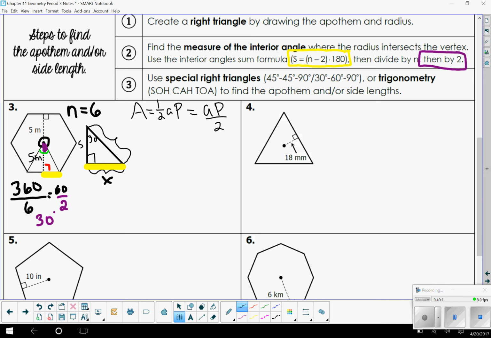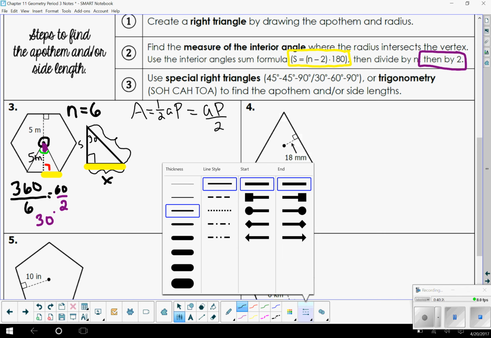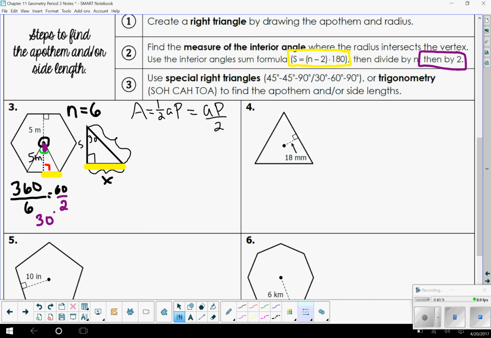If I put my 60 in here, across from the 60 is what? So this would be x rad 3. You have to set it equal: this is going to be 5 equals x rad 3. Divide.